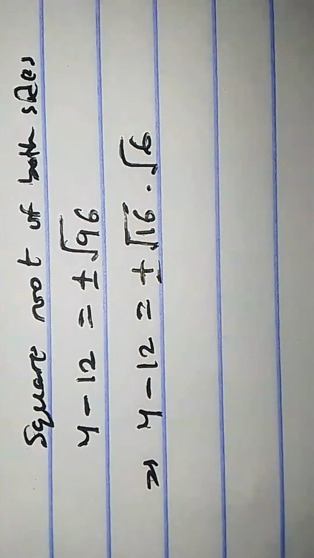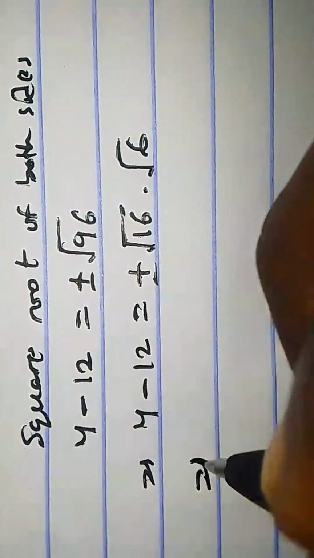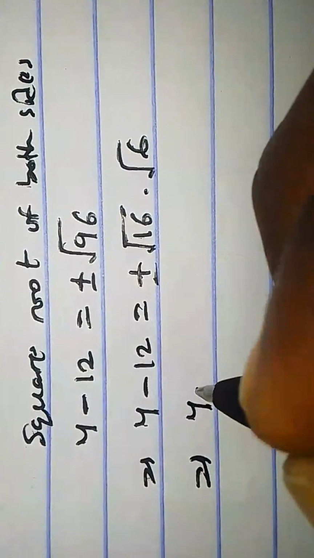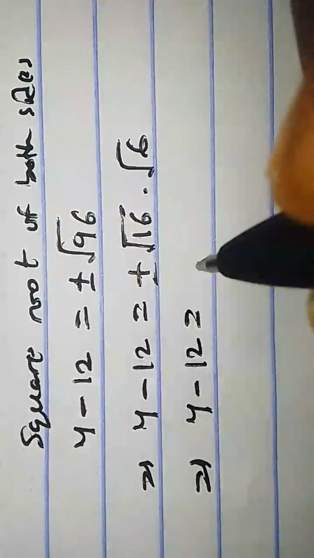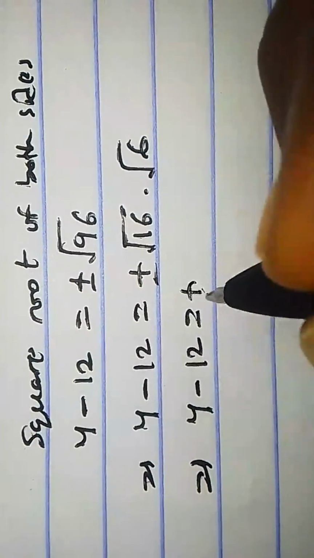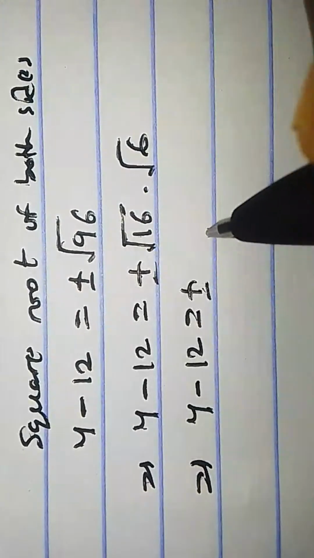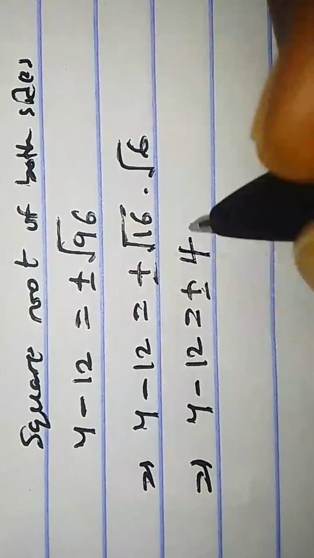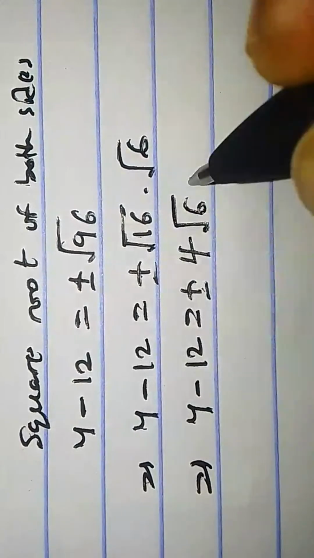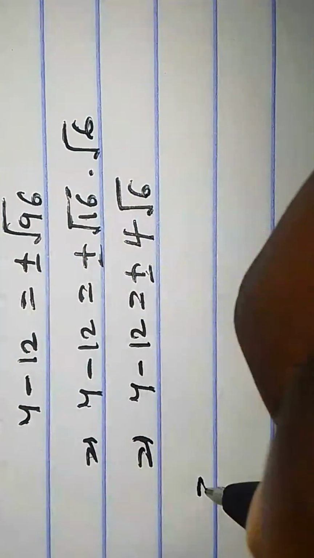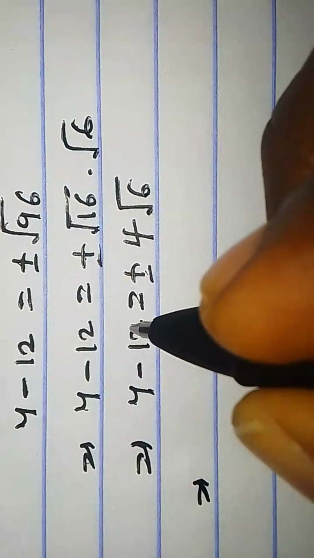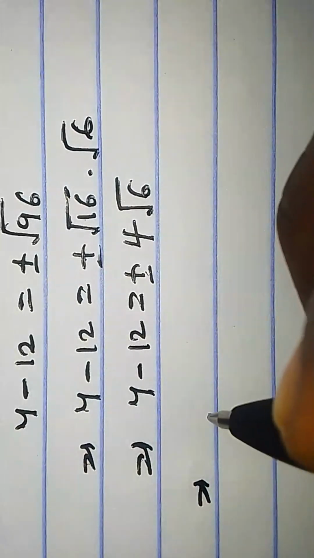Let's continue. This means that y minus 12 is equal to plus or minus. What is square root of 16? That is 4 times square root of 6. Now, let's move this constant to the right hand side.